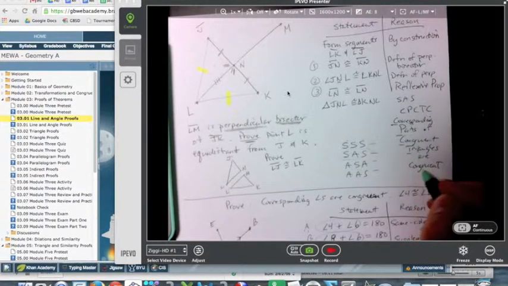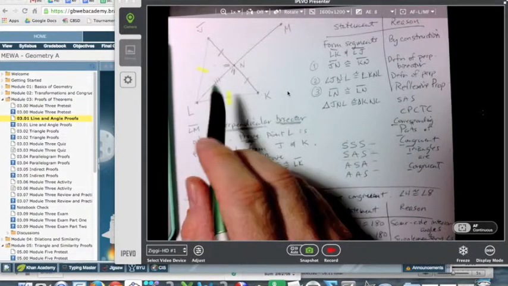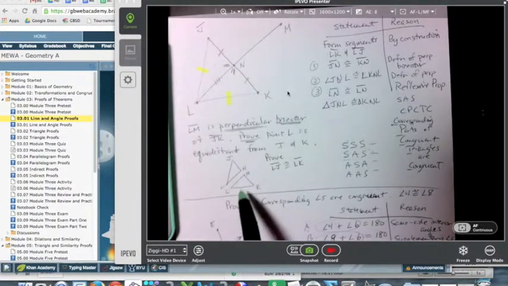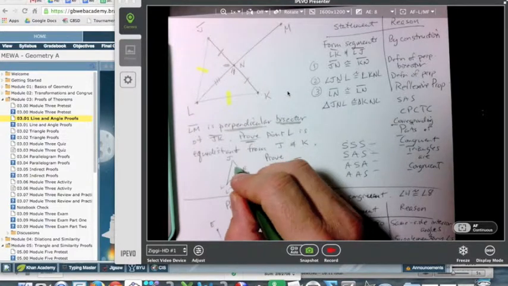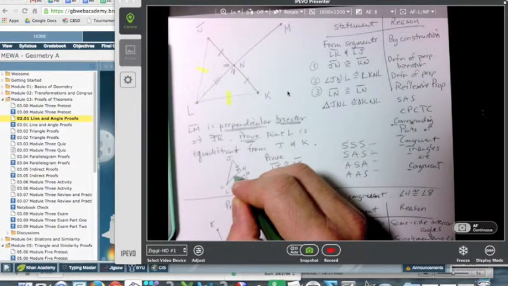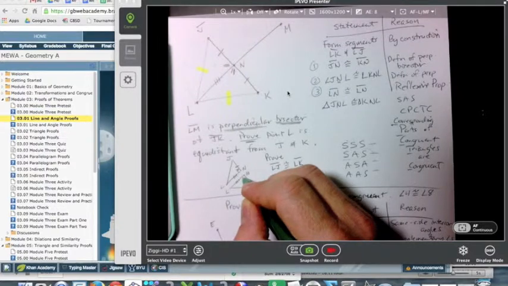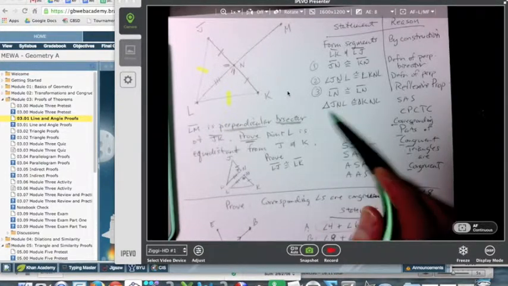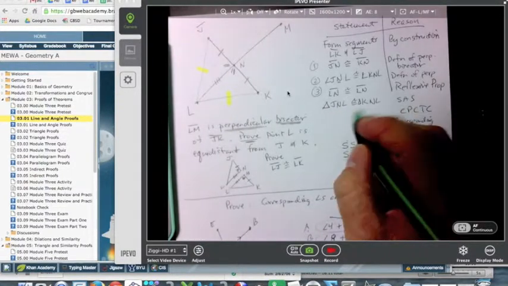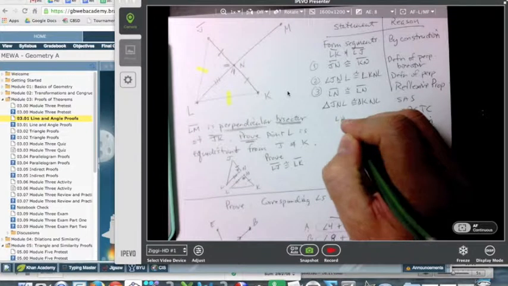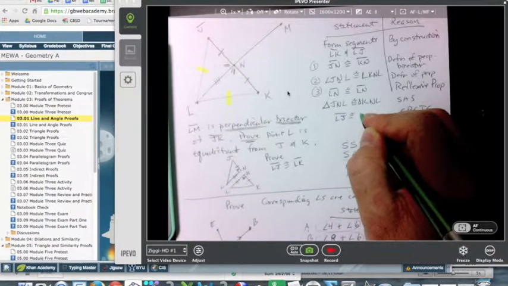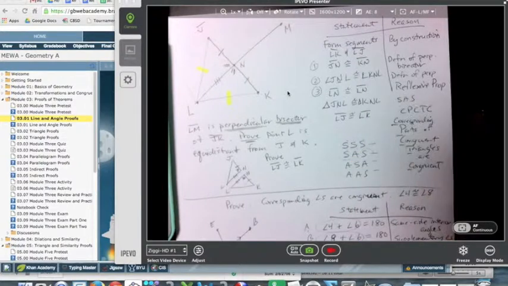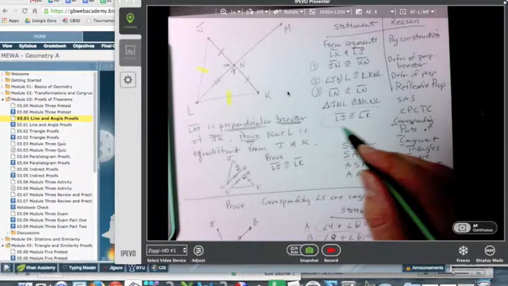Corresponding parts. Basically, if you prove 3 parts are congruent on 2 triangles, once we did that, we can say the other three parts are congruent. And this was just leading up to this next step, which is LJ is congruent to LK. And that's where we wanted to finish. And that's because of CPCTC.